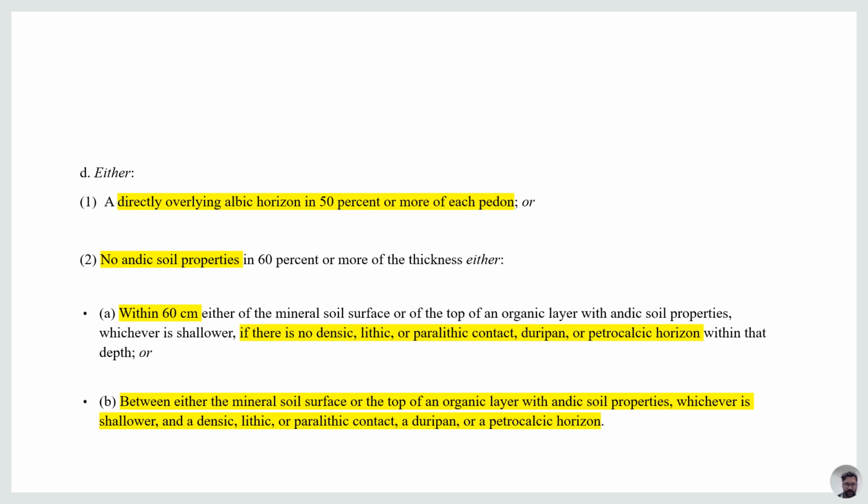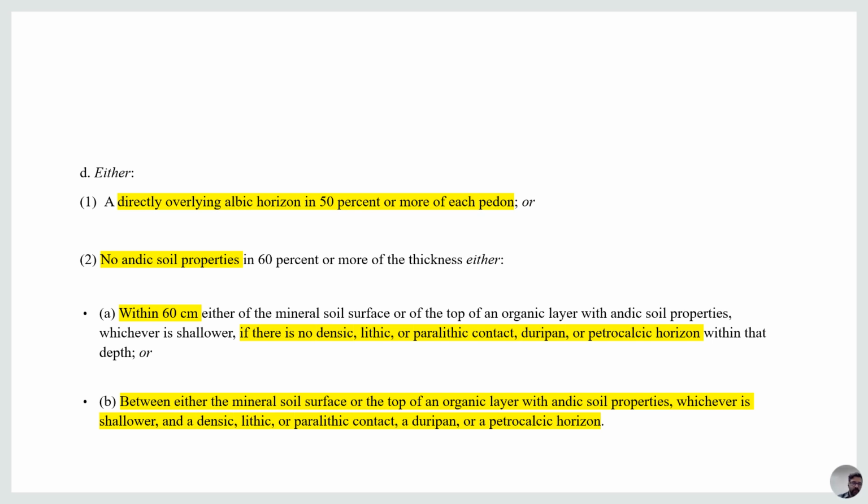That's why we say that the spodosols could not present these andic soil properties, because we have a strong link between iron, aluminum, and soil organic matter in the spodosols. But this strong link is related not to low crystallinity minerals, but to the illuvial material that concentrates these chemicals in the B horizon.